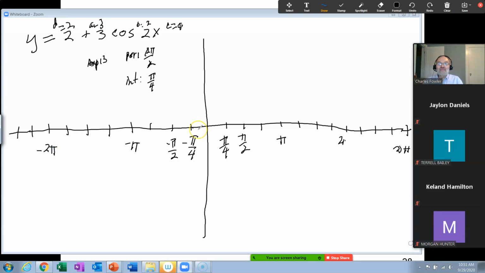All right, now the vertical axis is one that's of some interest. The amplitude is 3, our vertical shift is 2, so we're going to have to go up 5. So let's mark this as being 5, and this will make this a 2 and a 3 and a 4 and a 1.